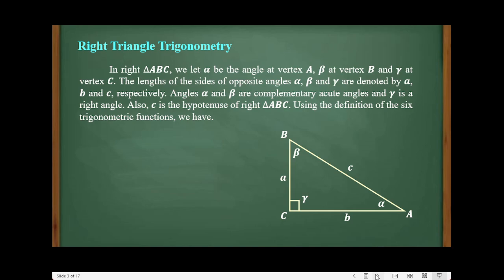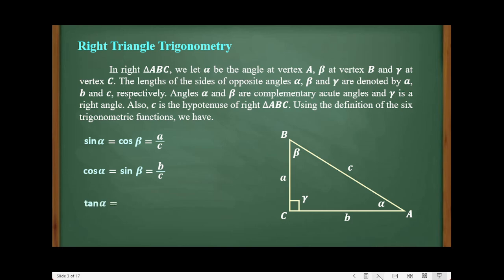Using the definition of the six trigonometric functions, we have the following. Sine alpha, which is the same as cosine beta, is equal to a over c. Next, cosine alpha, which is equal to sine beta, is equal to b over c.